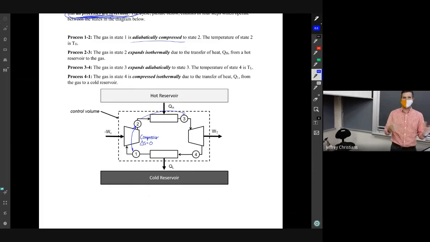Boiling happens at constant temperature, but you go from a liquid, which is a small volume, to a gas, which is a big volume, and the temperature doesn't change. It just is changing in volume. It's an expansion. So this is a boiler.